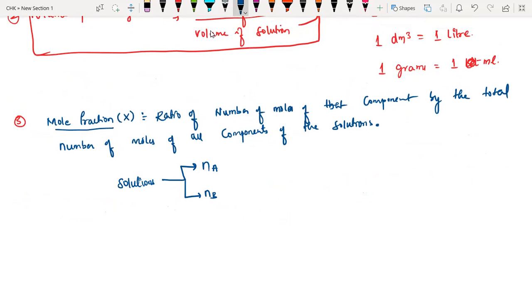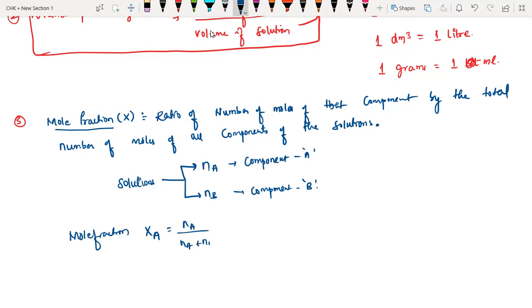So Na is the component A, and Nb is the component B. So mole fraction of component A, Xa, equal to what? Na by Na plus Nb. And mole fraction of component B, Xb, is what?